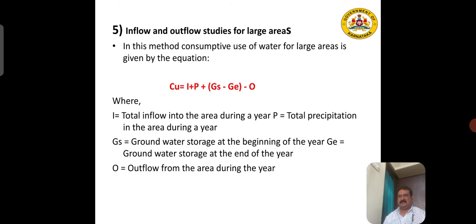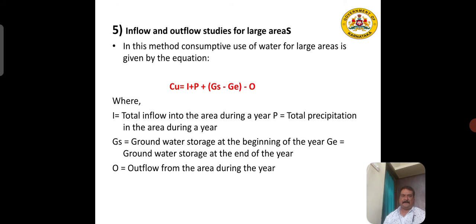That means total inflow in that area during the year, precipitation in the area during that year, groundwater storage at the beginning of the year, groundwater storage at the end of the year, and outflow from the area during the year are used in the formula Cu equals I plus P plus Gs minus Ge minus O. This is the method for consumptive use of water for a large area.